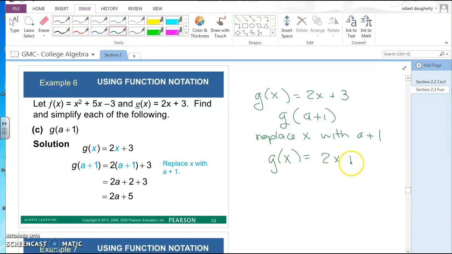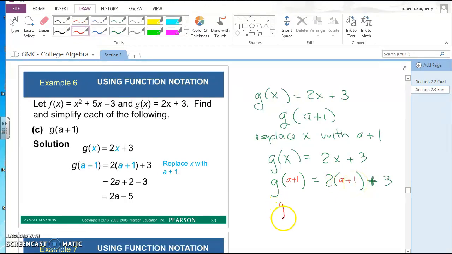So g of x is 2x plus 3. So what you can do, you can write g with just parentheses. Okay. So g of anything is 2 times that plus 3. So if I need to figure out what g of a plus 1 is, I just plug in a plus 1 for x.